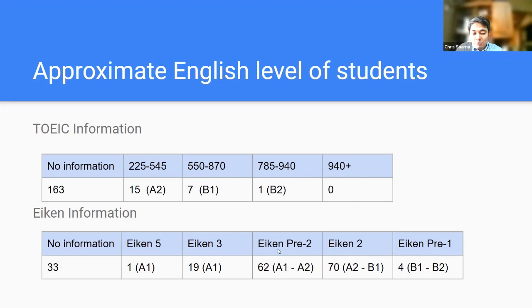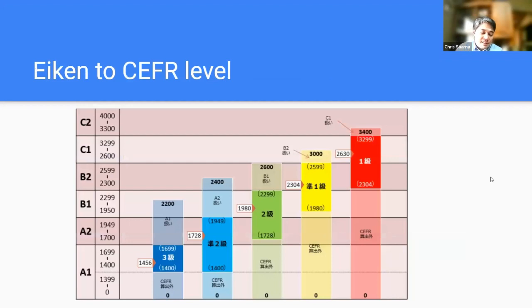So the Eiken pre-2 and Eiken 2 are about A1 to A2 or A2 to B1. They don't specify exactly, but within this range. And this is the chart that the Eiken uses on their website. Basically, it shows how they compare the Eiken to the CEFR levels.